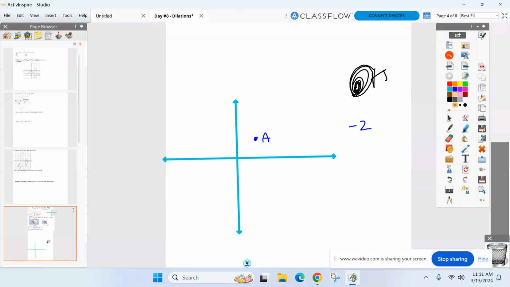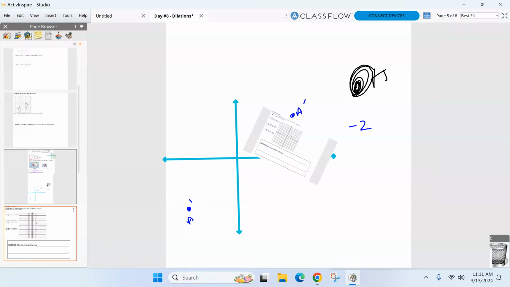The 2 tells me I'm going to get further away from the center, the origin, but on the opposite side. So instead of A prime being up here, it's going to be down here on the opposite side of the center. That's what the negative does. It still doubles its distance away, but on the opposite side. Good question. Yeah, we can have negatives.